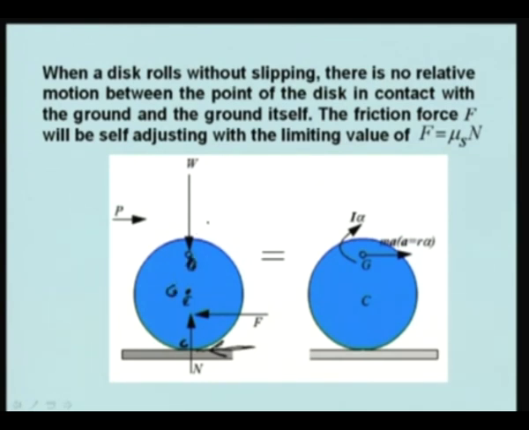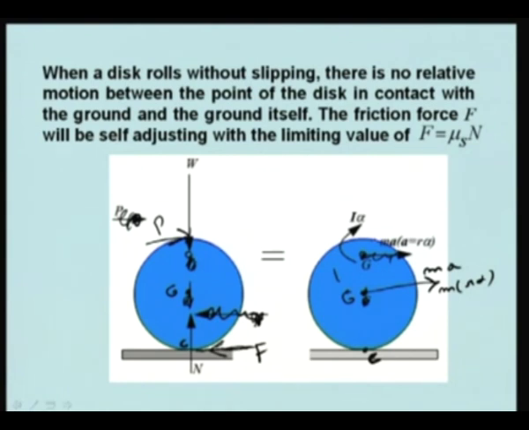Here you will have some frictional force F, which passes through the contact point, and you may have some applied force acting here, that is P, and the weight passes through its mass center G. This is equivalent to the kinetic diagram shown here, where you have mass times acceleration, which is m R alpha, and a couple I alpha.